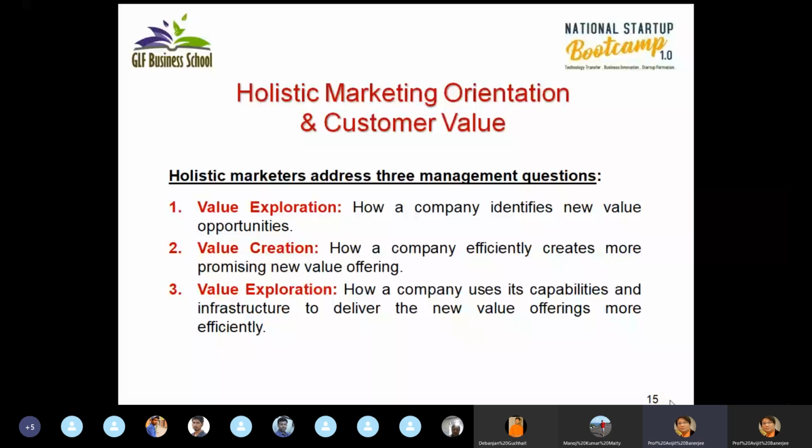And third is value delivery, how a company uses its capabilities and infrastructure to deliver the new value offerings more efficiently. So, as a new organization, all the startup firms and MSMEs should focus on these three key management questions: value exploration, value creation, and value delivery.